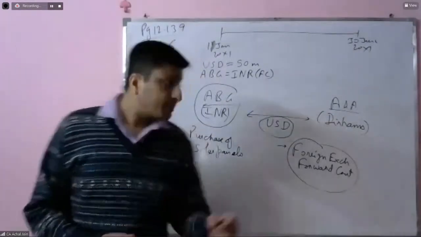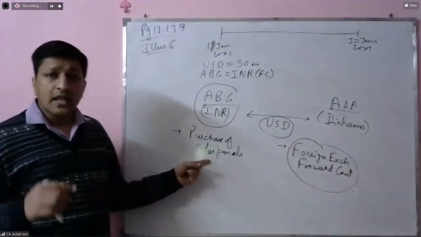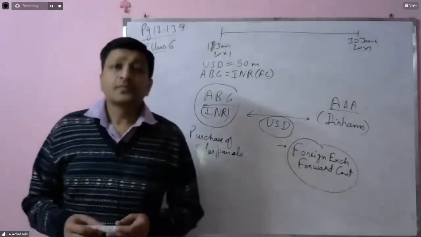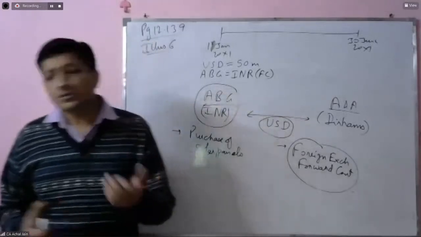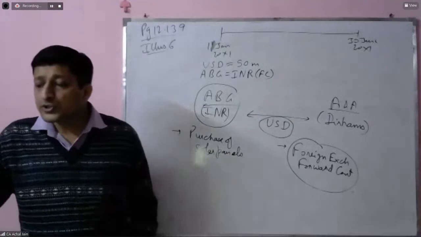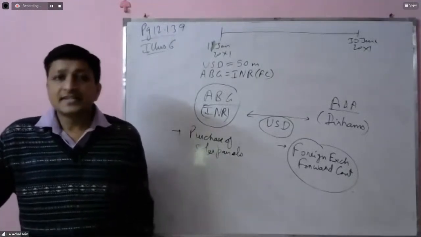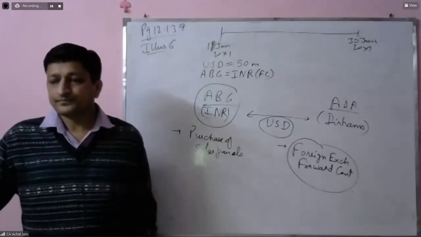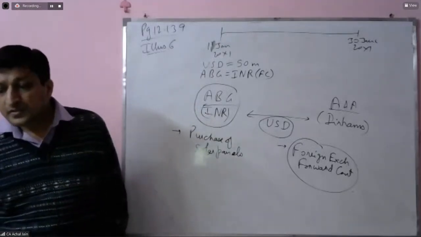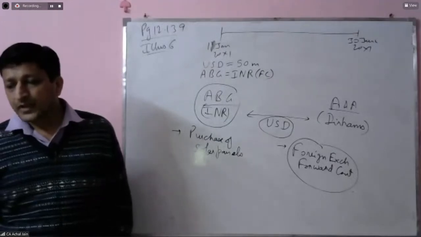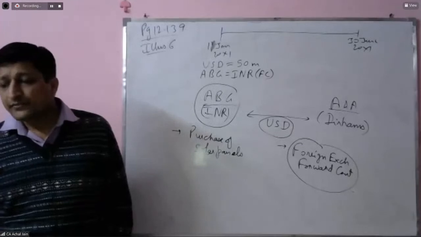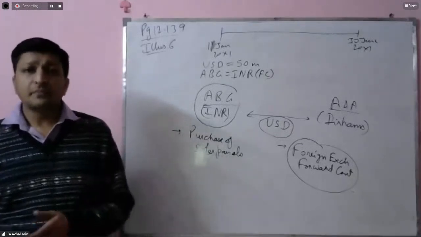So the purchase of solar panels in INR is nothing but a host contract, which will involve notional payment in INR at the 6 months forward rate. And what's the 6 months forward rate? If you look at it, it's 65. So what will be the amount? The amount will be 65 into 50 million.